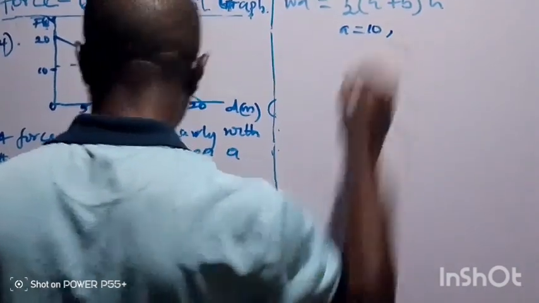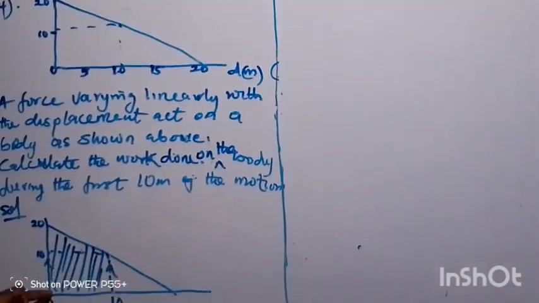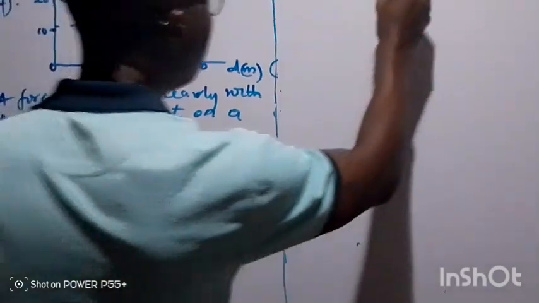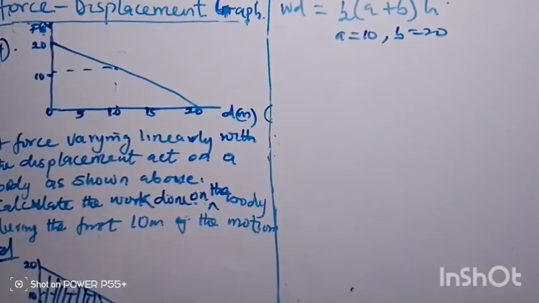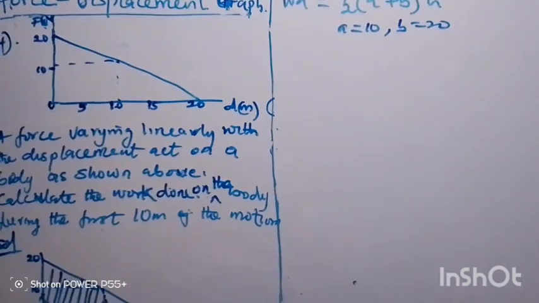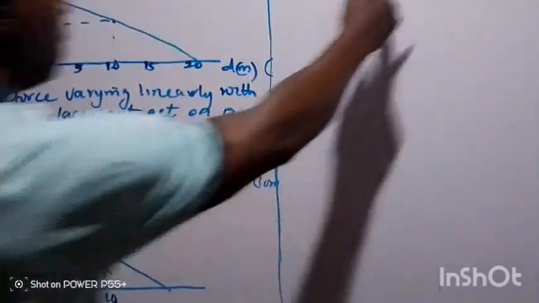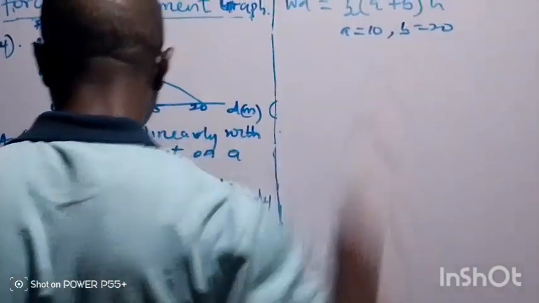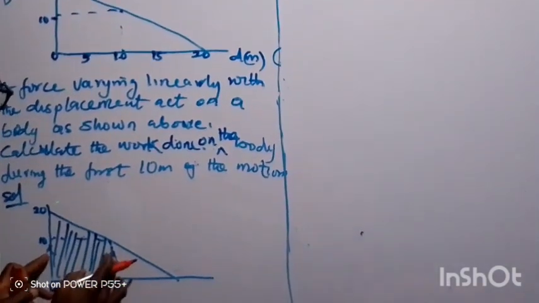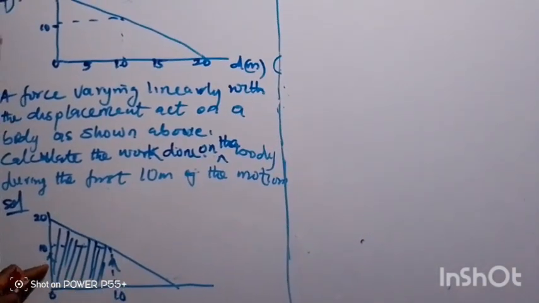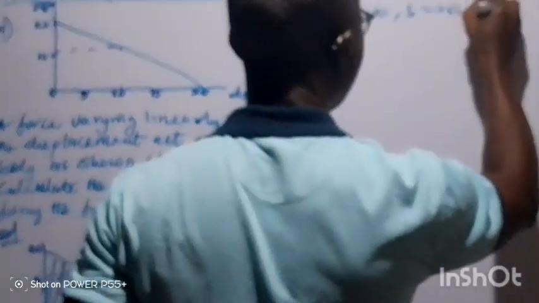Then the second parallel line from here to here, B, is 20. And the distance between the two parallel lines forms the H, which is the height of the trapezium. So the distance from here to here is 10. So H is equal to 10.